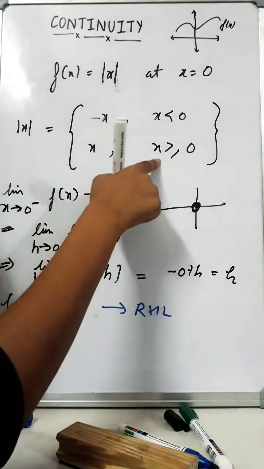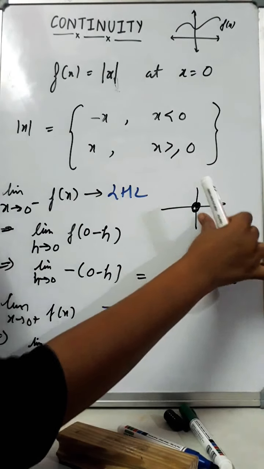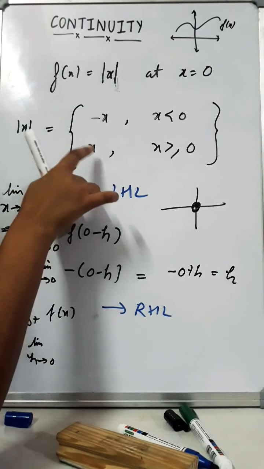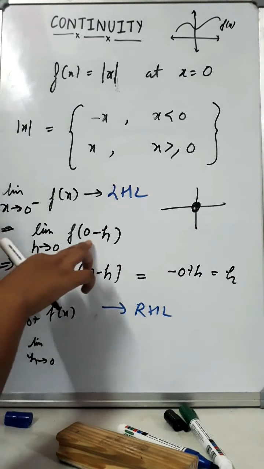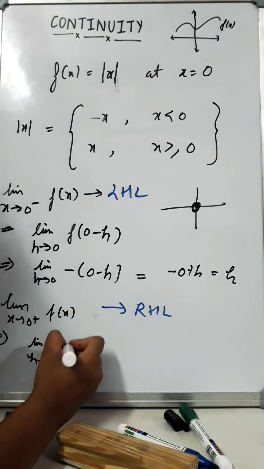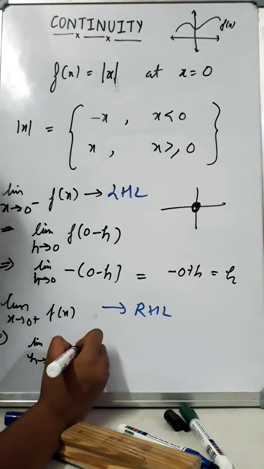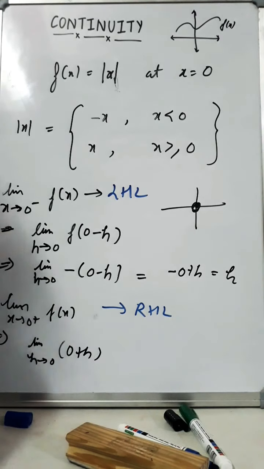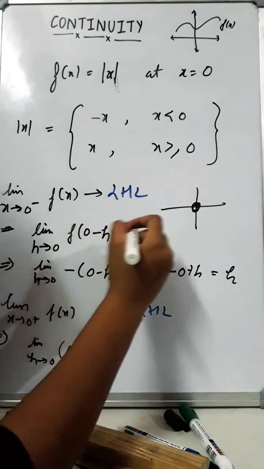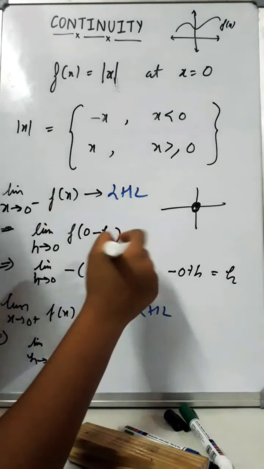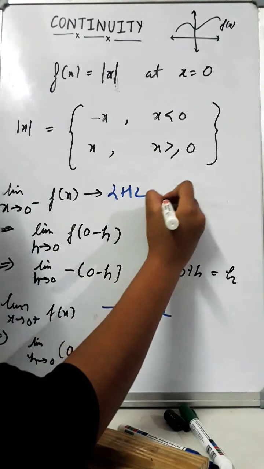At x greater than 0, on the right hand side, when you are approaching from the right hand side, the value of the function is x only. So in the place of x we will put 0 plus h. If you are thinking why I did it this way, let me increase a step here for you to become clear.